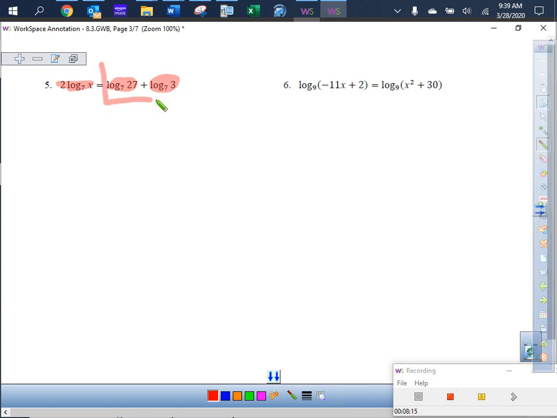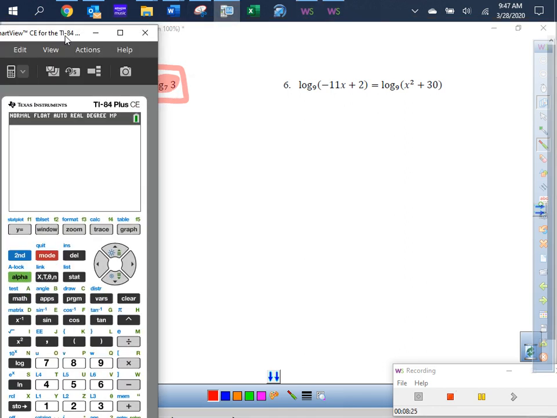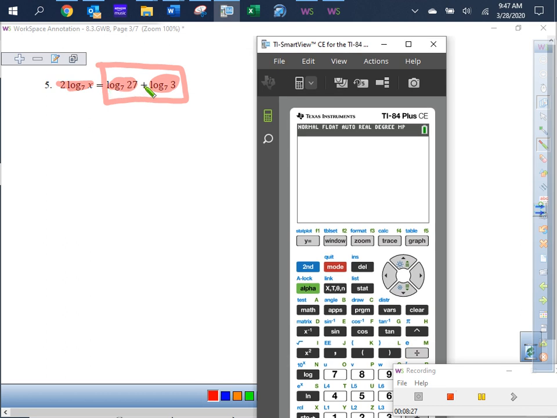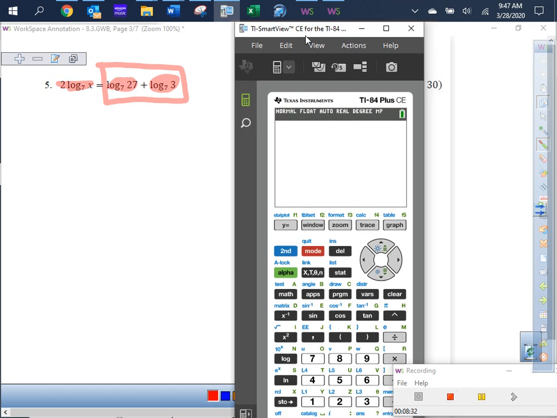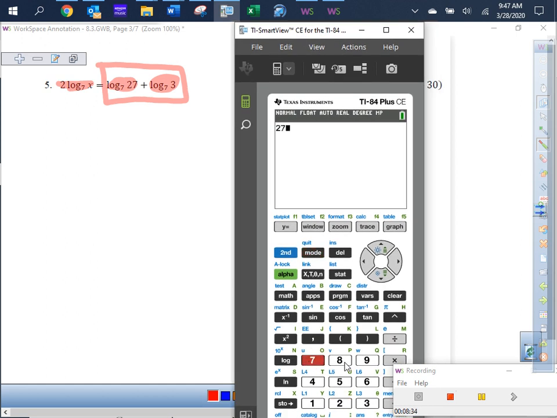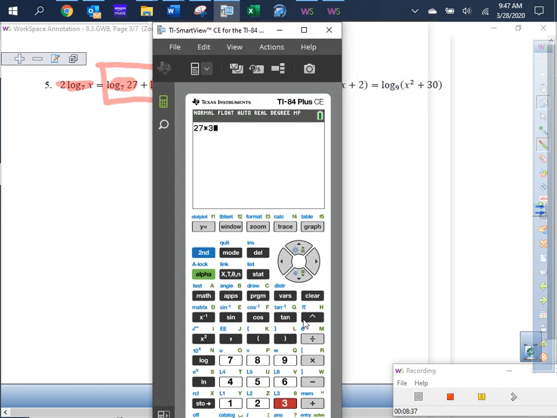But now, you can't have like logs being added together. We need to condense this down in this case. So that's why we learned all those properties of logarithms last time. When they're adding logs together, you can multiply those arguments together. So we can take ourselves to 27 times the 3. I believe that's 81.